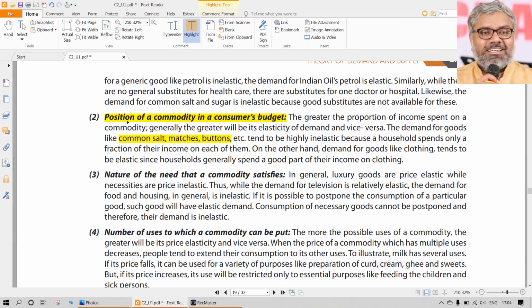So naturally, what happens because of that? The consumer will not be really bothered about any increase in the prices of these things. Even if there is an increase in price, he will not have much problem buying them because they are still very cheap.